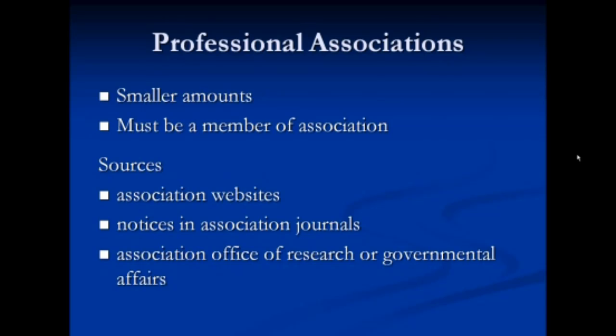If the association has a governmental component, then sources of the grant opportunities would be found through the Office of Governmental Affairs. This would be a classic snapshot of the funding available by associations.